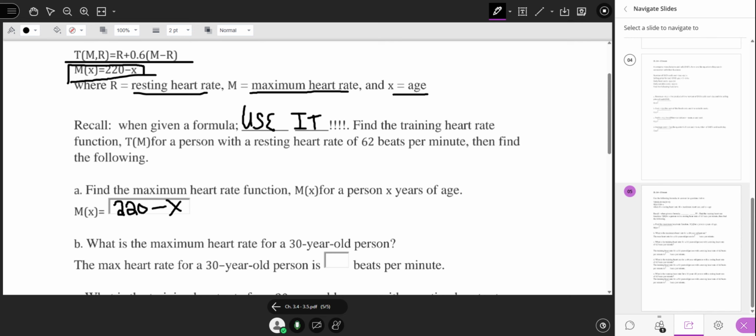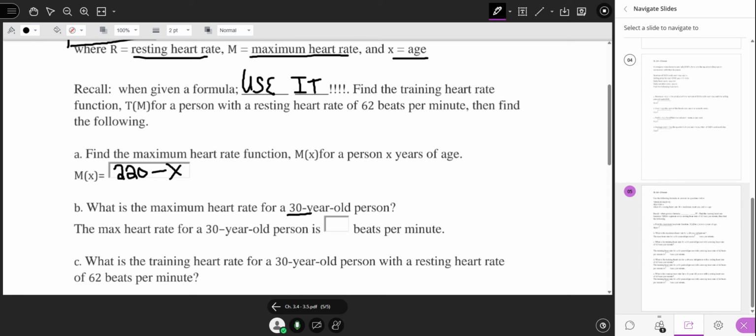Now, part B, it says age is 30. So 220 minus 30 is 190.